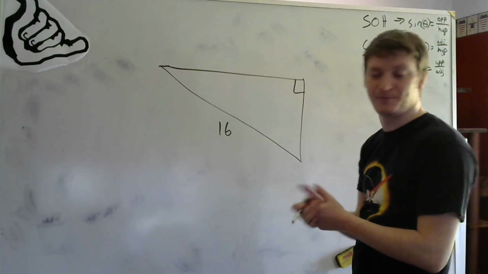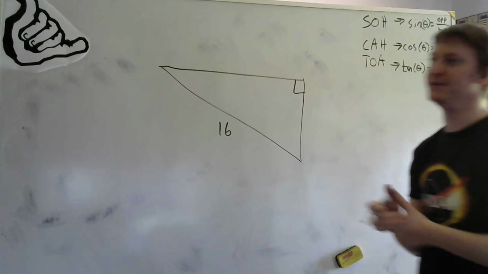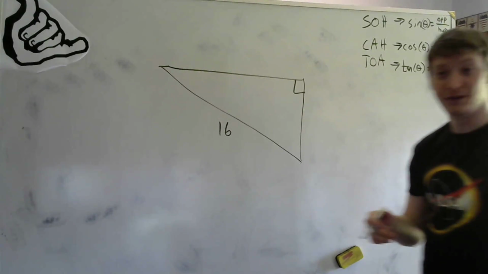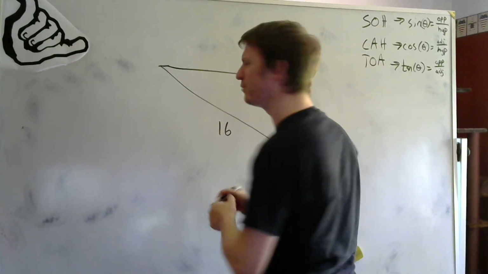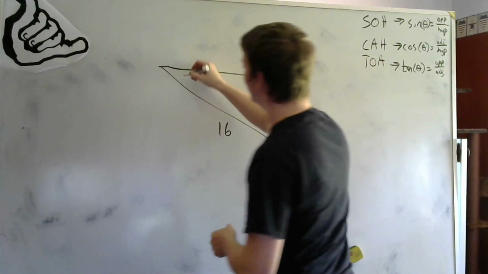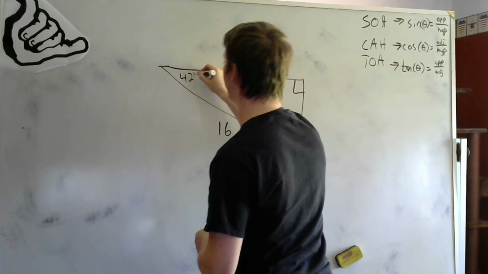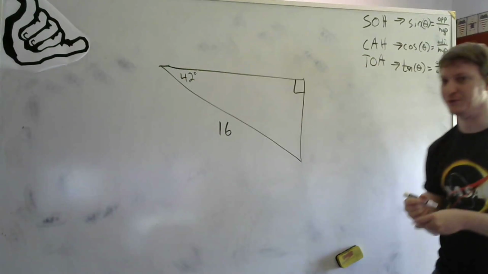Pick a number from, like, I don't know, 10 to 60. 23, good choice. Now 23 is too close to the 20 from last time. Let's do 42. 42 is a good number as well. Let's make that 42 degrees.